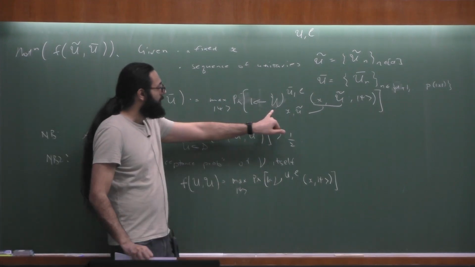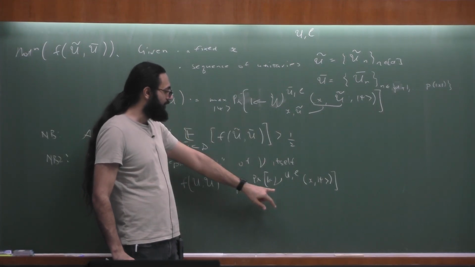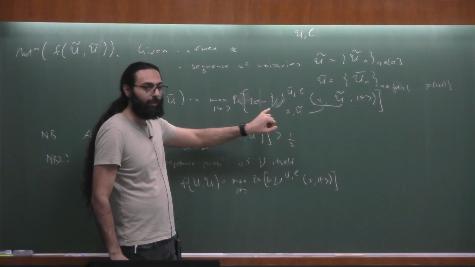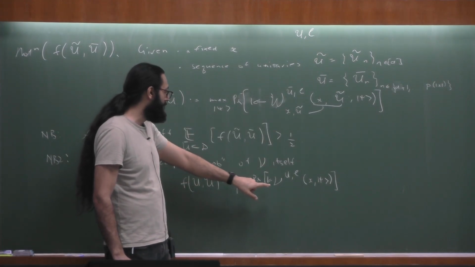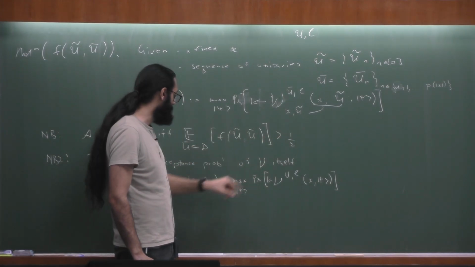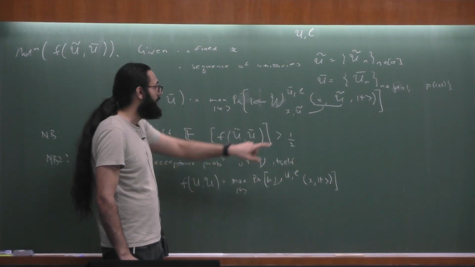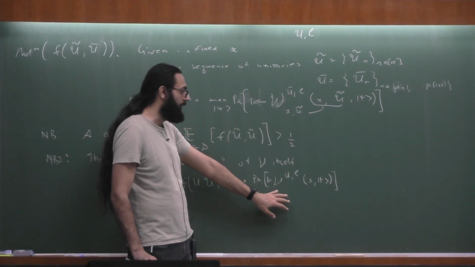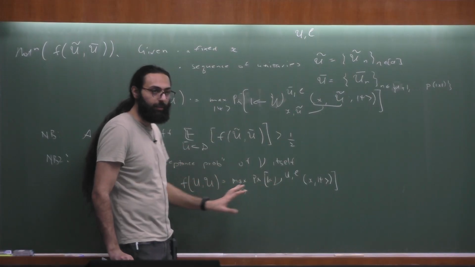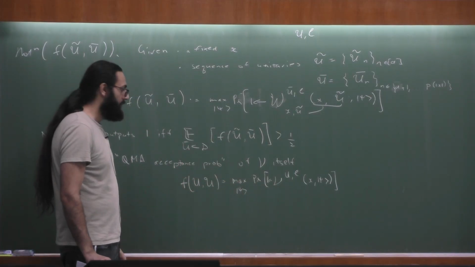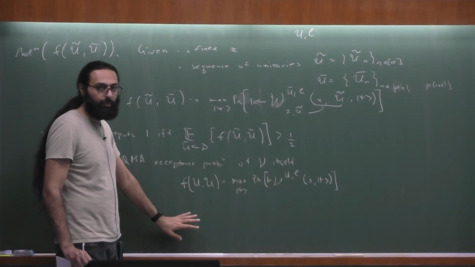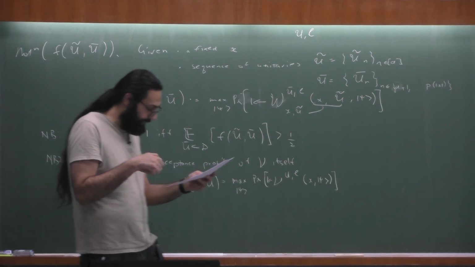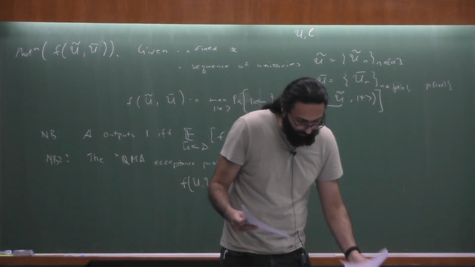Because remember, W was essentially the same as the original verifier, except that we changed the oracle calls. Everything else was the same. And now we're giving it exactly the actual U in place of U tilde, and U bar has also been replaced by the actual U. So it's nothing but just running V and getting the answer. Is this notation okay? All right, so let's move on.